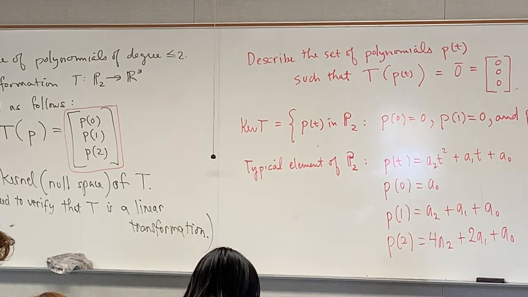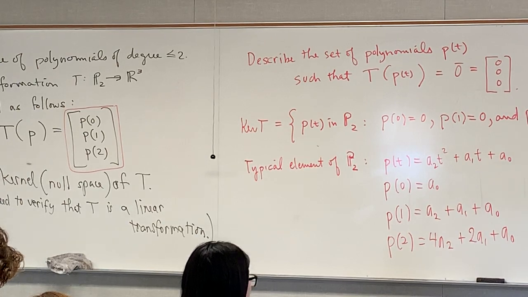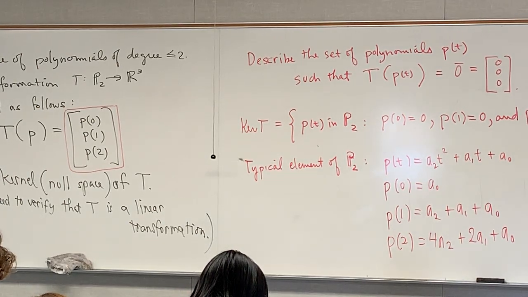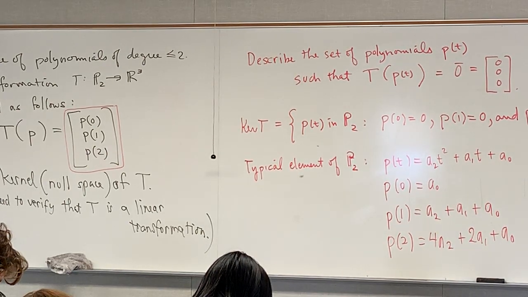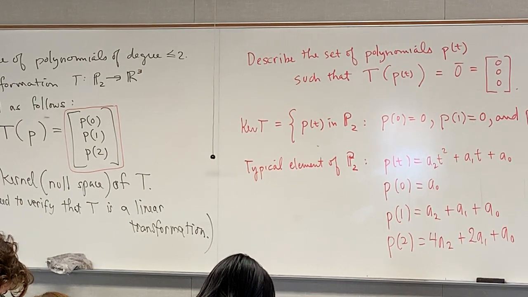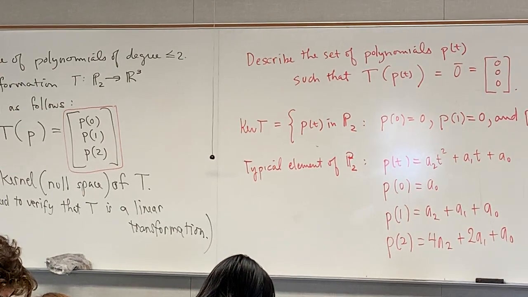And P of 1 equals 0. That means A2 plus A1 plus A0 equals 0. And P of 2 equals 0. 4A2 plus 2A1 plus A0 equals 0.